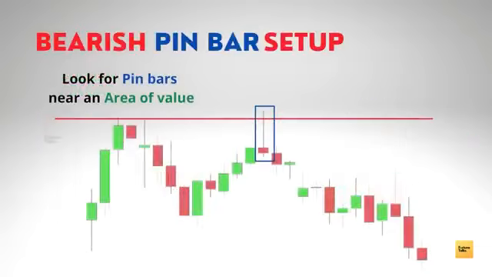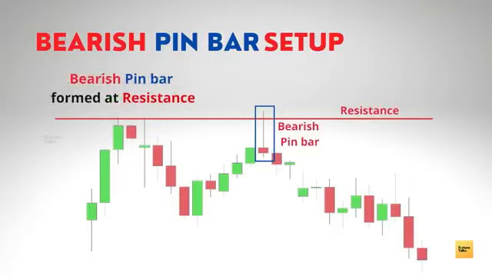Now, the other great time that you will find high probability trades with this candlestick in addition to a trending market is when the price is rejecting a level in the market that is of importance or an area of value. Now, these can often be the key support or resistance level or dynamic levels like the moving averages. In this example, the price moves higher into a key resistance level.